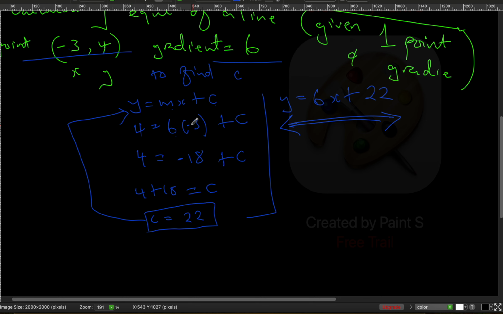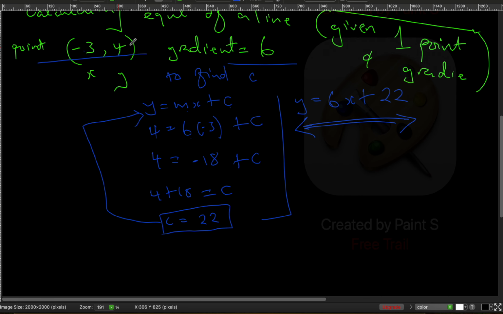So this now will act as my equation of the straight line. To summarize, if I'm given one point and a gradient, I can find the equation of the line by substituting x and y in the equation. mx means m times x, so that's 6 multiplied by -3, then you add c, which is the one we are looking for. Then 4 = 6 times -3, that's -18 plus c.